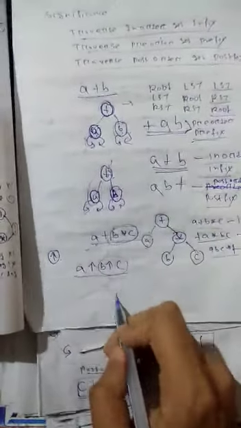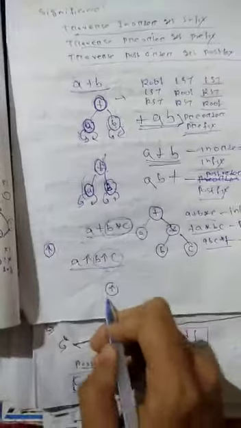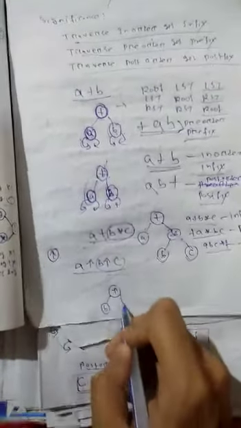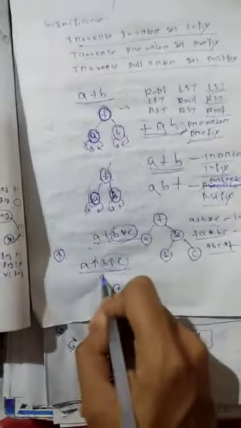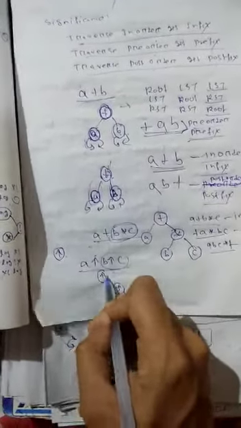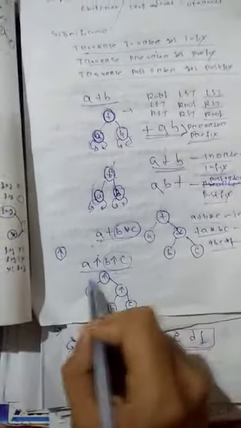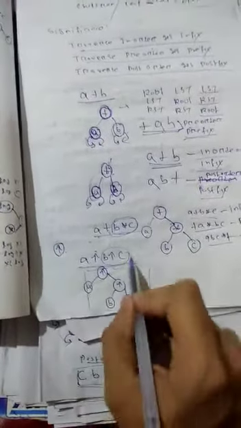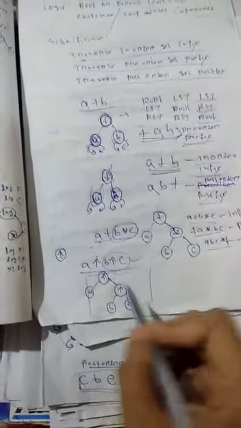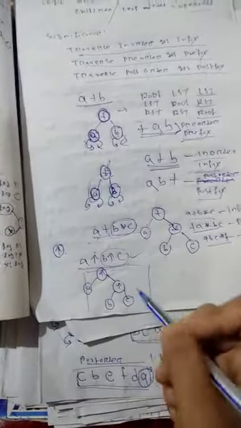So I am writing this operator, then on the left side it is B, then on the right side it is C. Okay, then next you have to write here the exponential operator, then on the left side A, and then on the right side this. So this is the expression tree of this expression. Then we perform the in-order, pre-order and post-order, and we get the infix, prefix and postfix.